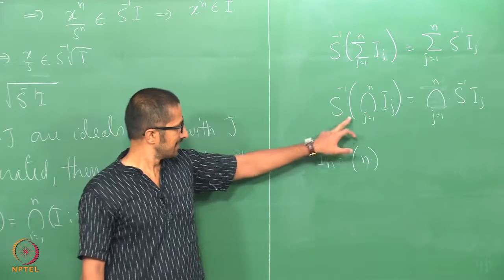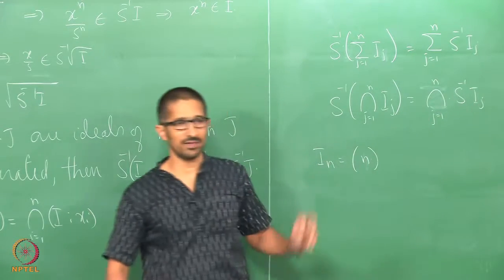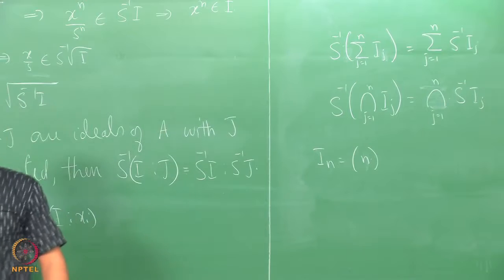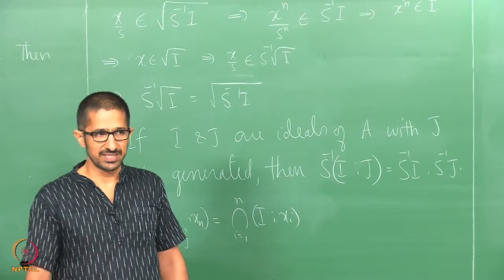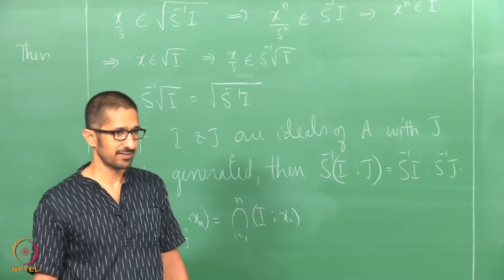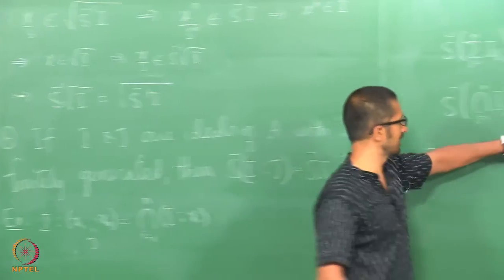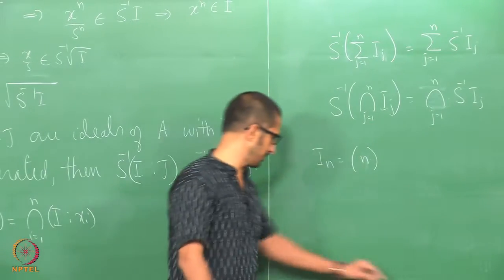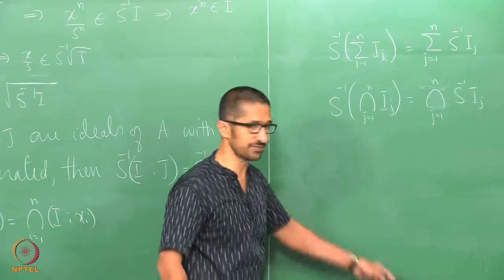Then this will be 0, but each S inverse I j will be the whole of Q. So S inverse I j will be Q for each j, therefore the intersection of those is Q while S inverse of the intersection is 0. Similarly, try to construct one for the other, think of that.